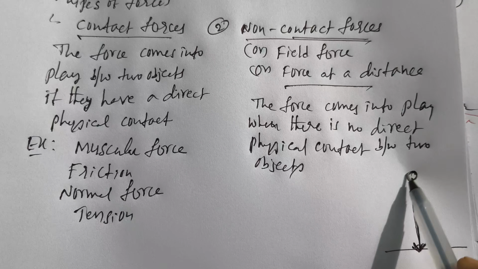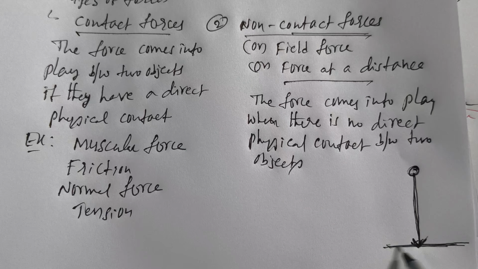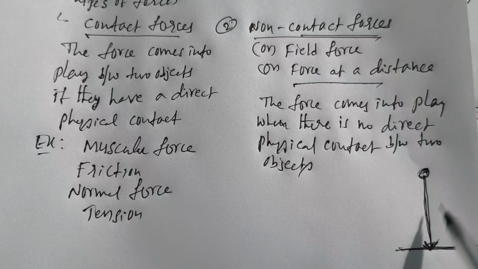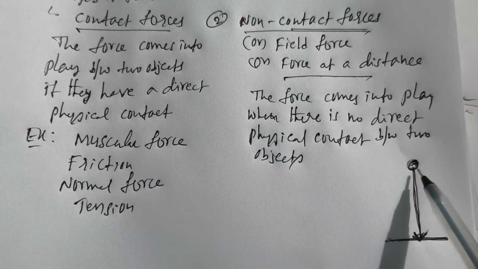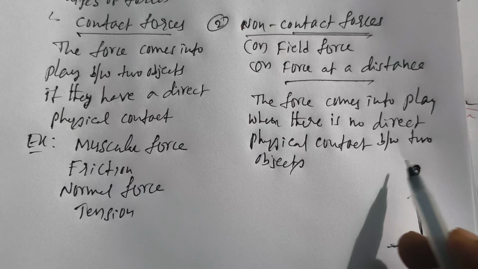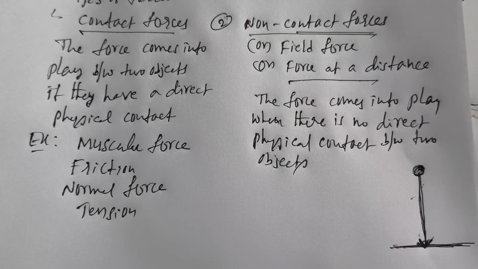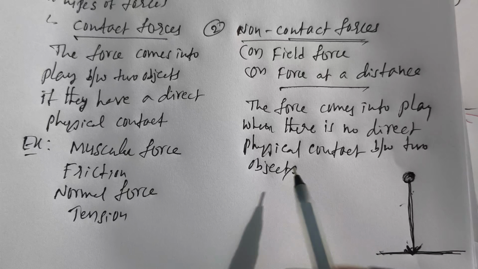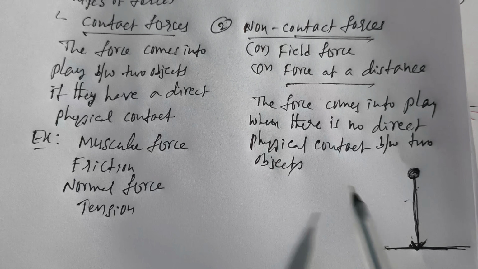Here there is no direct contact between the surface of the earth and the object. Even though there is no direct contact, a change happened: the ball falls freely. So such kind of force acts between two objects without any contact. We can call it the non-contact force or force at a distance.